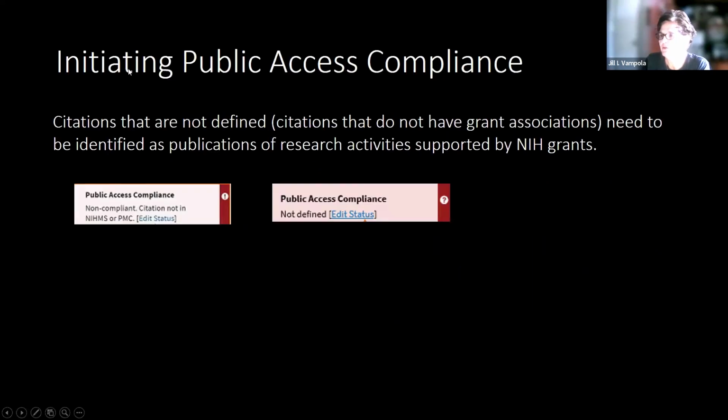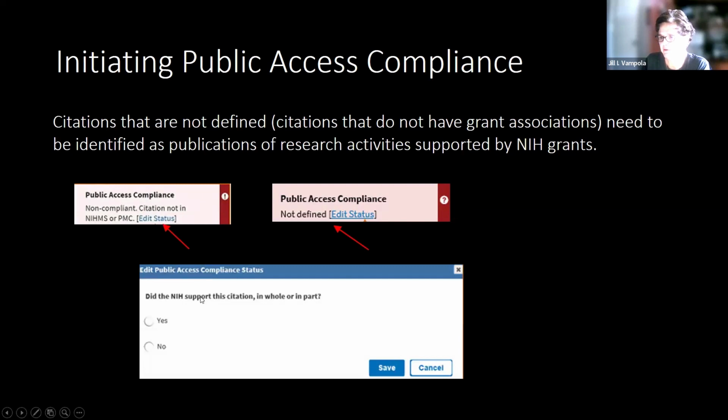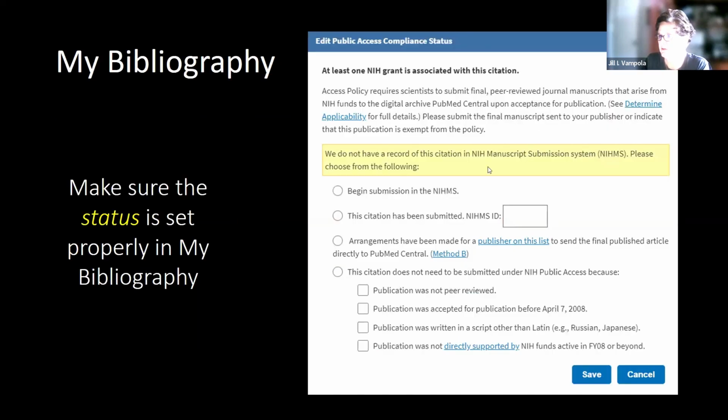So here, it says it's not defined, or you're going to have to go in and hit edit status. I want you to know what that looks like. It's going to say, did NIH support this citation? Well, yeah. So you hit yes, and then it brings you up to this little wizard.